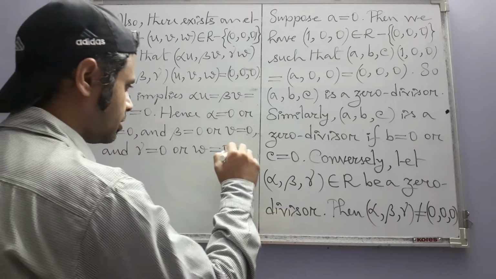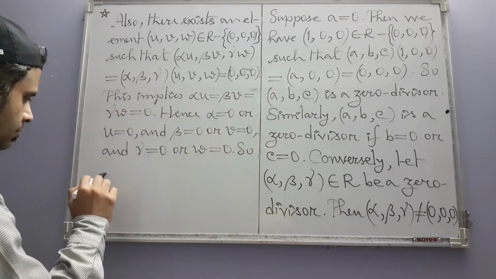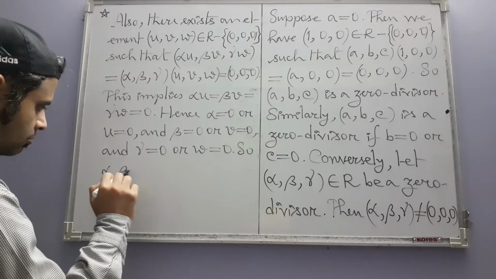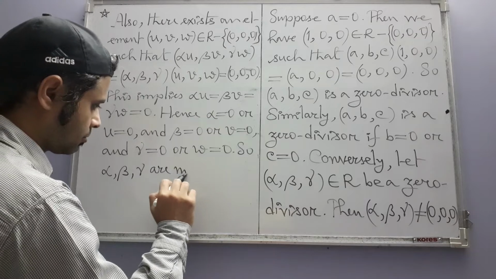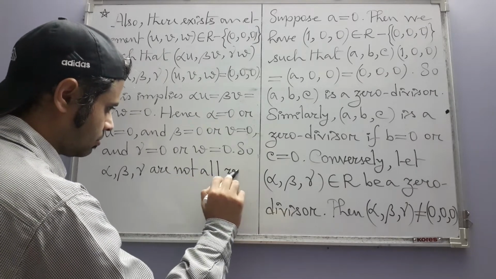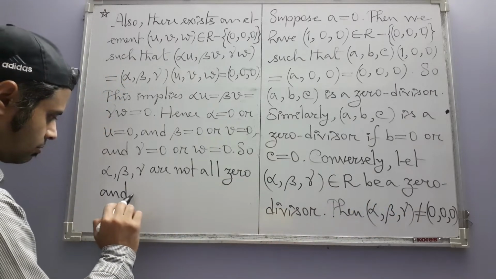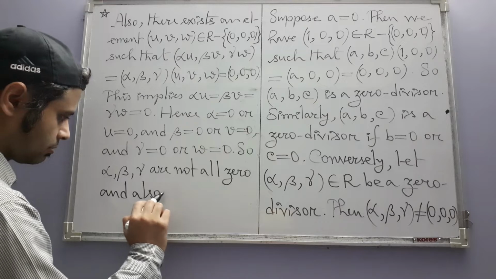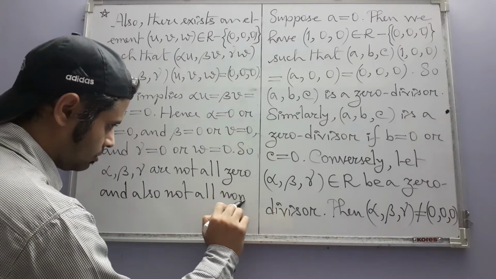So our conclusion is this. Alpha, beta, gamma are not all 0, which is just this, and also not all non-zero.